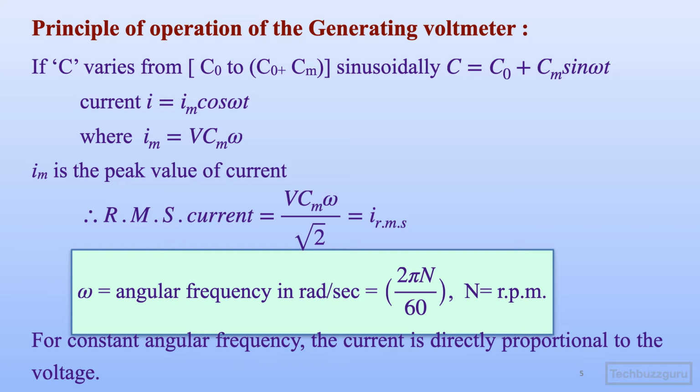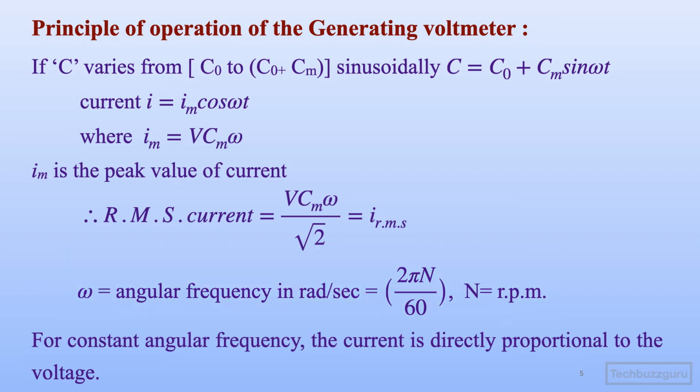It depends upon the speed of the rotor vanes, which are responsible for enabling sinusoidal variation in capacitance. For constant angular frequency, the current will be directly proportional to the voltage. So this is the basic principle of operation. Current proportional to voltage will be measured by using an ammeter, and the constant of proportionality is the time rate of change of capacitance.